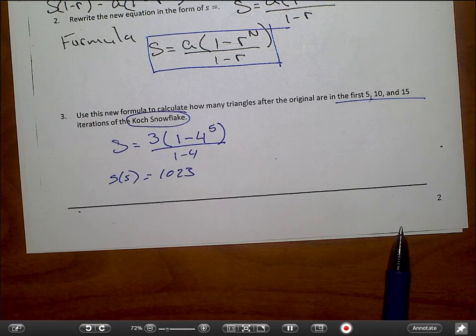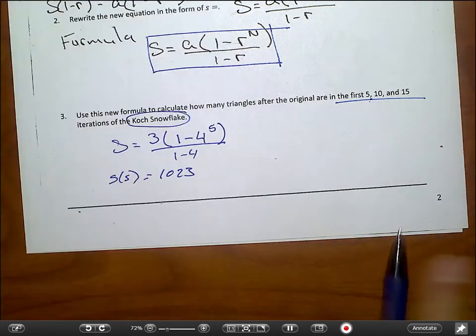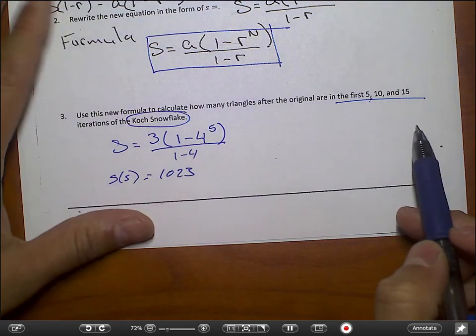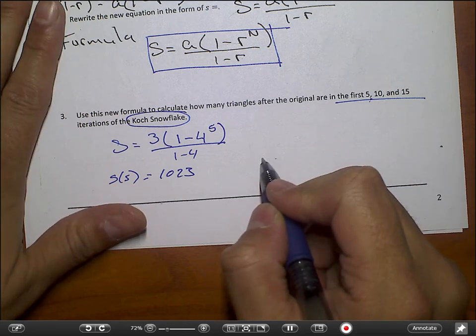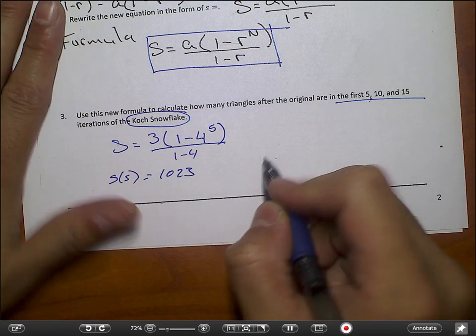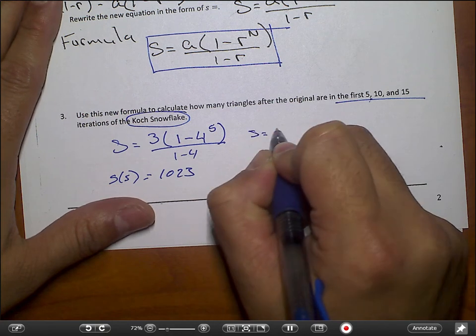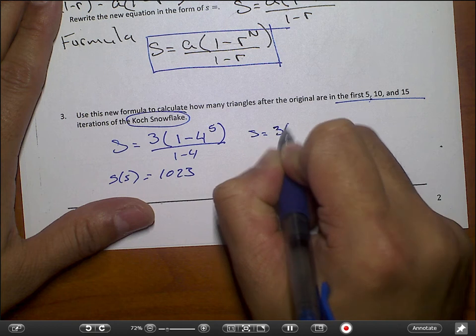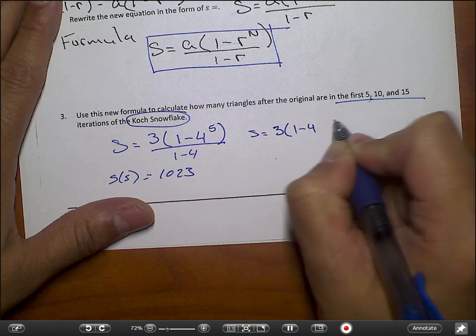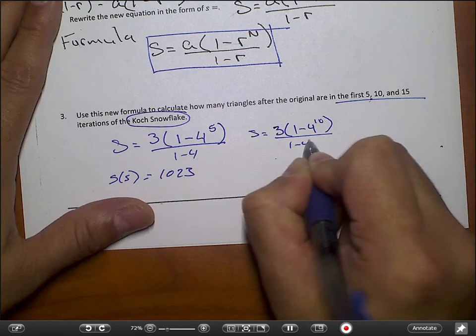Okay, so we got that. Now, let's take a look at the next part. So, the next one says to do what? 10. So, if I'm going to do 10, S equals 3, parentheses, 1 minus 4 to the 10, close, over, 1 minus 4.